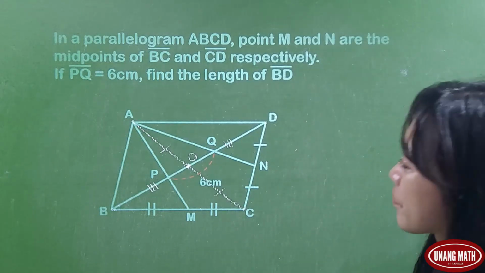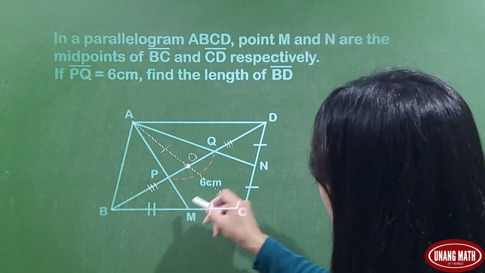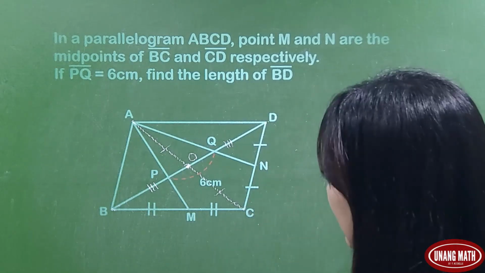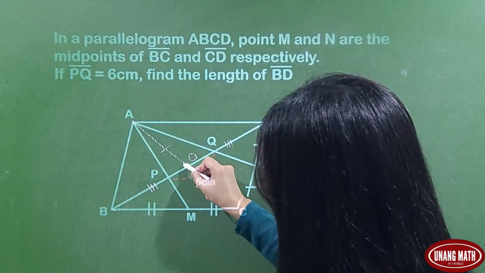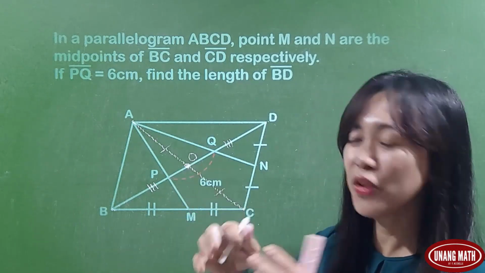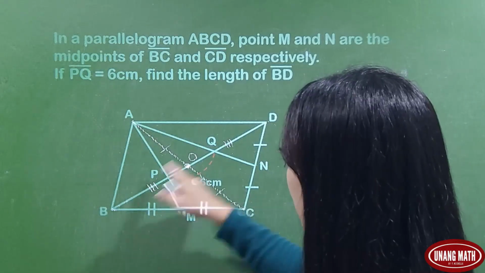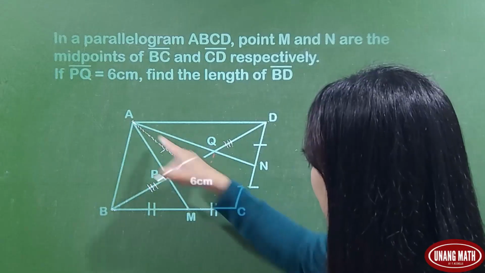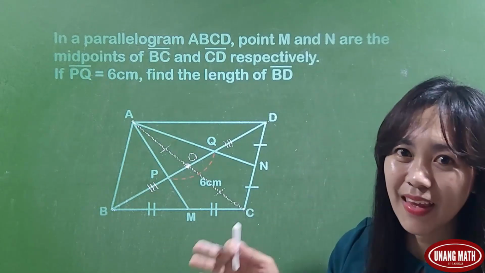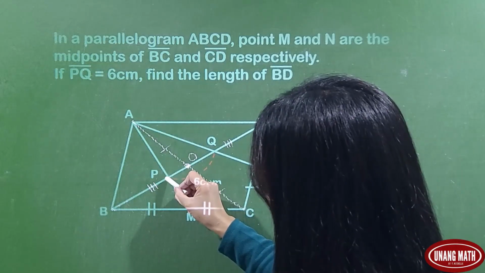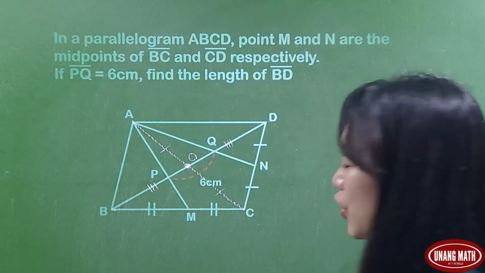Okay, now, we know that points M and N are midpoints of these segments. And we also know that point O is the point of intersection of these two diagonals, and this point bisects the diagonal into two equal parts. What about point P and point Q here?